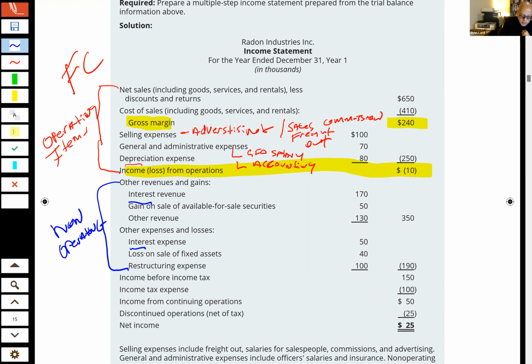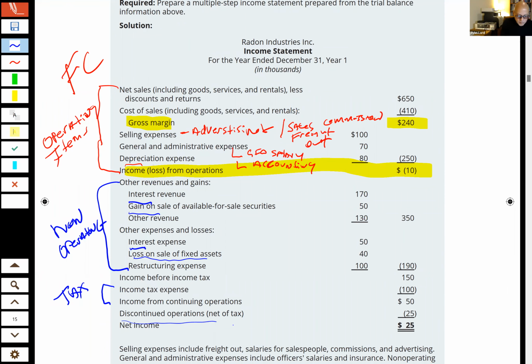Gains and losses, right, on the sale of marketable securities, fixed assets, etc. All of these things are considered non-operating. And then you come down and you have what? You have tax. Okay, and again, I wish Becker wouldn't have put the discontinued operation because it just kind of messes up the understanding here.